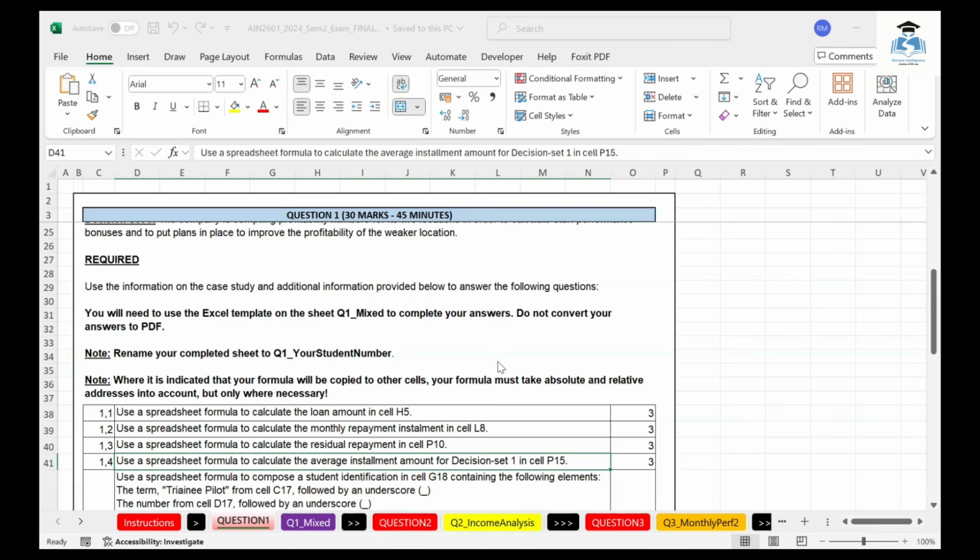You need to know if you are going to use both the row and column absolute value, or just the row absolute value only, or the column absolute value only. And in terms of relative address, are you copying down or across? You need to pay attention to that.